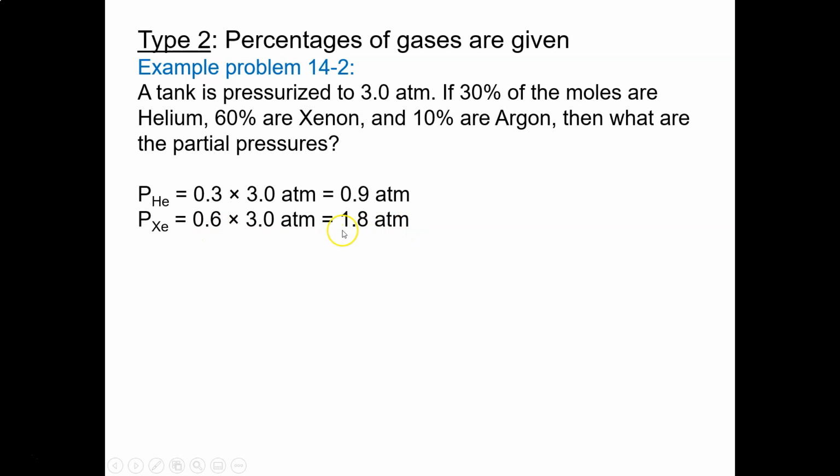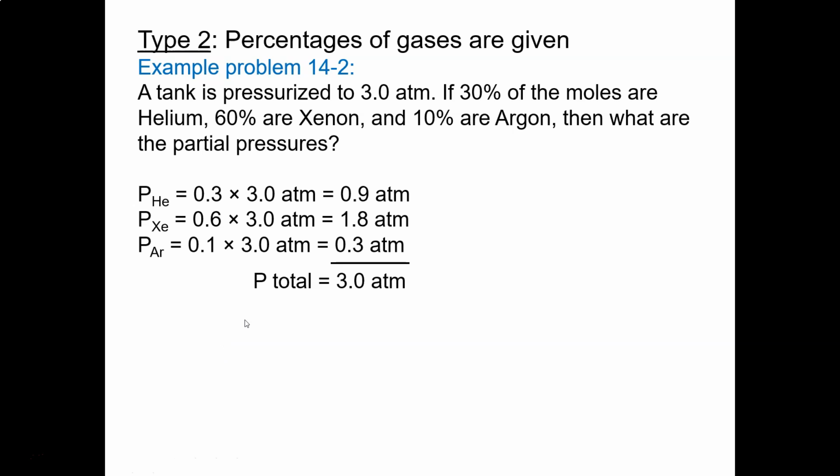That should give me this number, which is the pressure of xenon. I'm going to do the same thing last for argon, because argon takes up 10% of the total pressure. I find the partial pressure for argon by multiplying 10%, which is 0.1, by the total pressure, giving me this number.